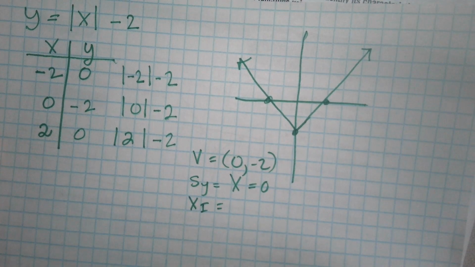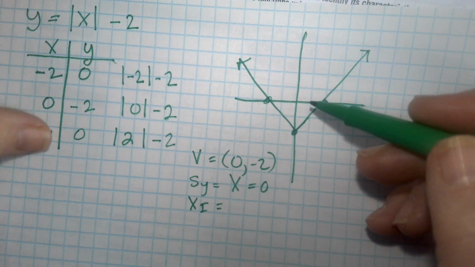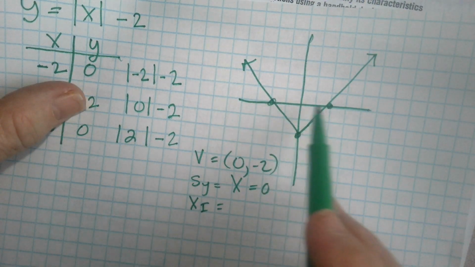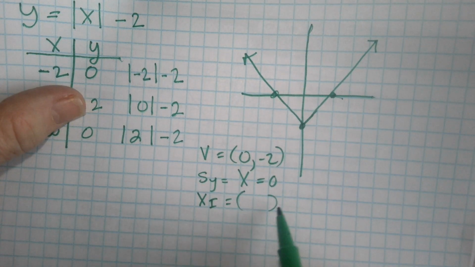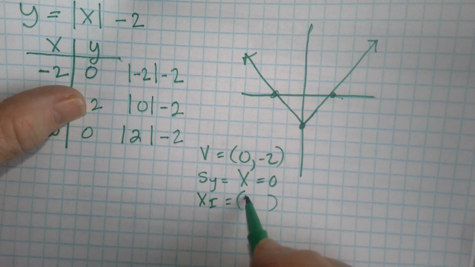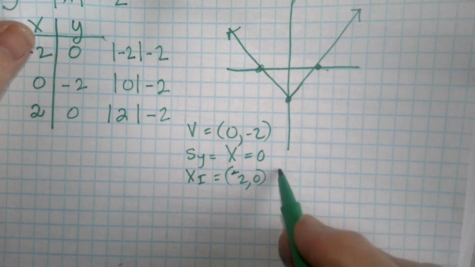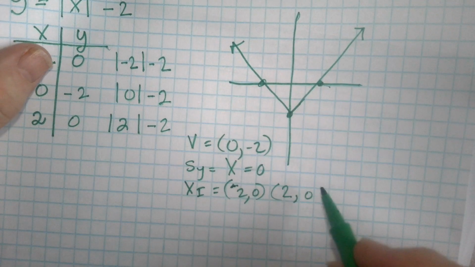What is the x-intercept? In fact, are there 2 of them? Let me see what they're saying. It looks like it's hitting it twice. So I've got 2 intercepts: one at negative 2, 0, and the other one it's going to hit at positive 2, 0. Those are the 2 places where it's hitting.